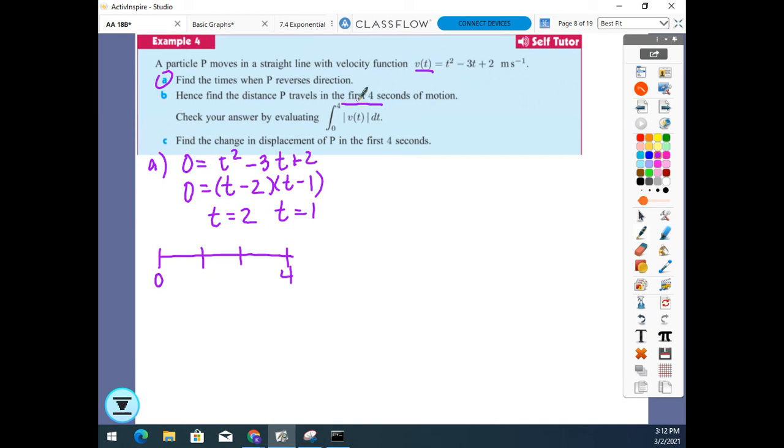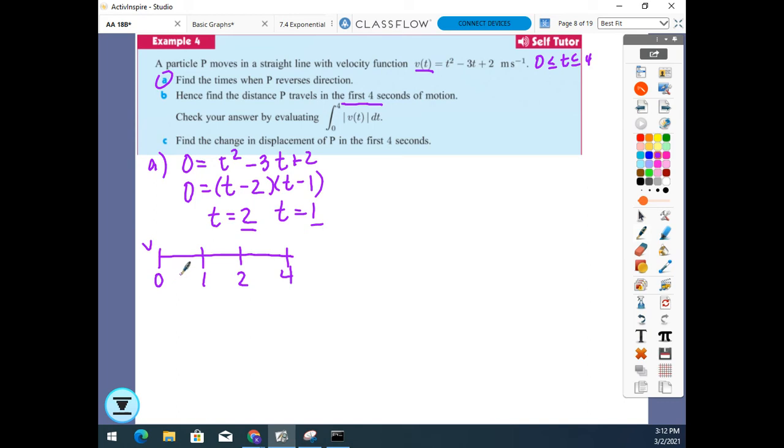Normally the problem would specify a time between 0 and 4, generally it's more specific, but we're going to do this for the whole problem. So this is going to be my velocity. I'm going to talk about this from 0 to 4 and look at each time it changes direction. I want to see from 0 to 1, is it going to the left or to the right?